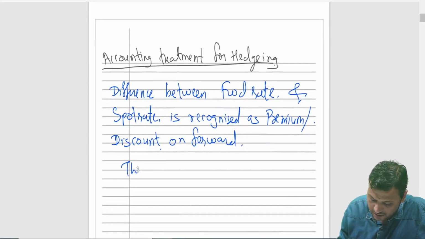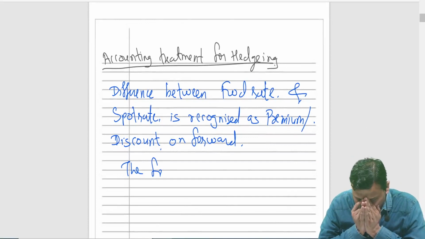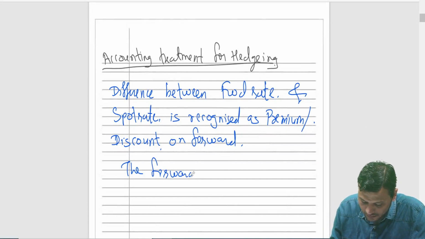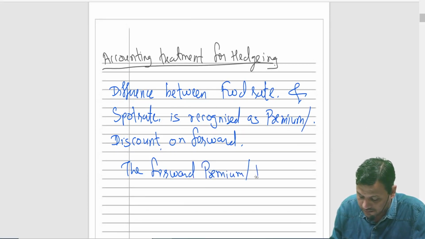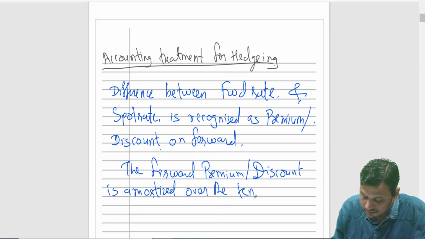And the forward premium or discount is amortized, meaning we are going to transfer it to P&L over the tenure of the forward contract.